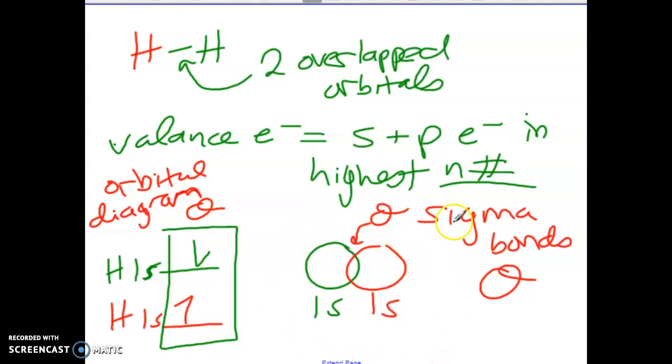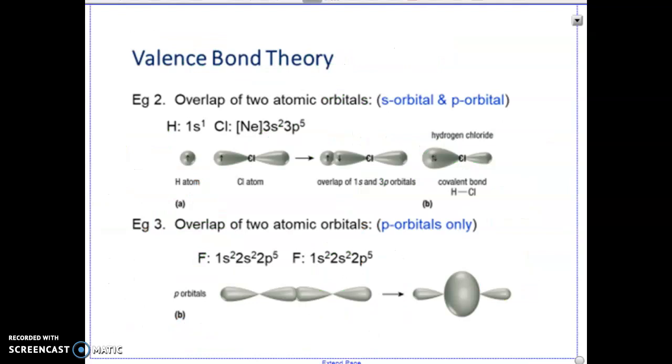This picture here, where we have the actual spheres, the shapes of orbitals overlapping, I tend to call a 3D representation. Instead of the lines with the arrows and a rectangle, you're actually showing the shapes of orbitals overlapping. Okay, so this was all with hydrogen. We're going to go over this all again with the next couple of examples.